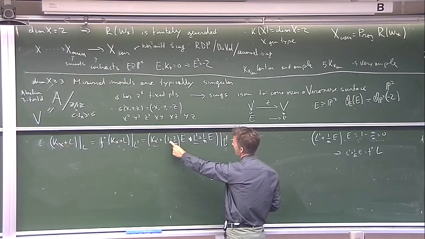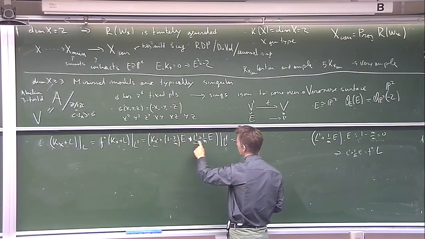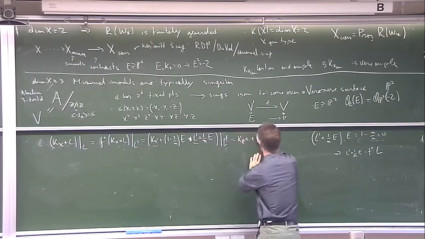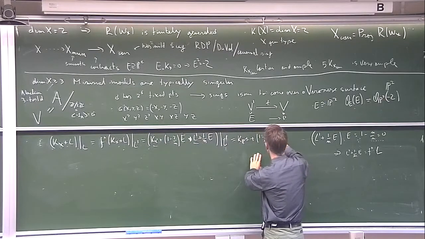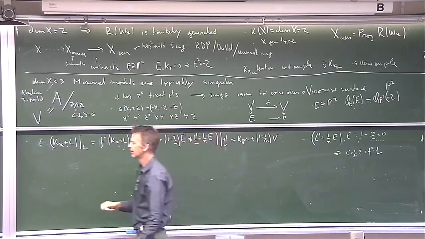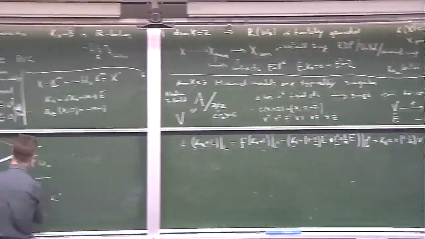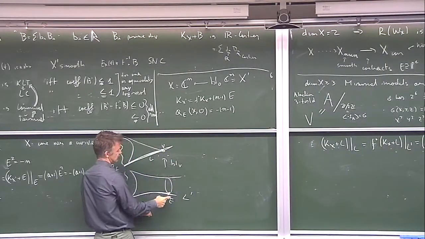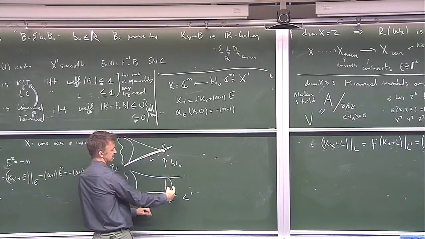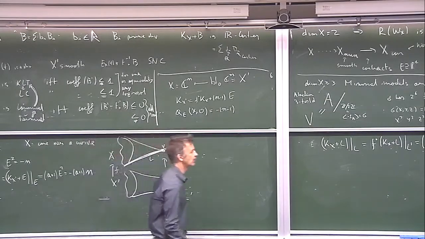I get plus (1 minus 2/n plus 1/n), so 1 minus 1/n, times a point that I denote by V'. This V' lies over V; it's the intersection between the exceptional divisor and L'.